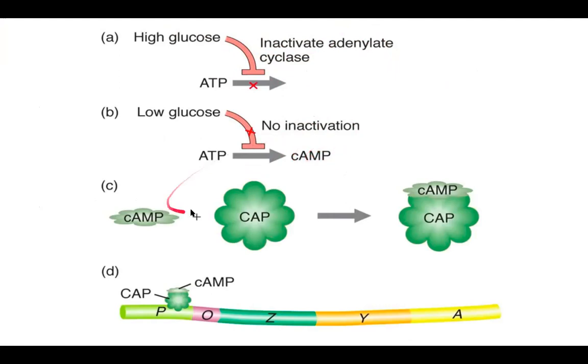When cAMP is present, it binds to CAP, or catabolite activator protein. When CAP and cAMP bind together, it forms an activated form of CAP. Now that CAP binds to the RNA polymerase to activate it.